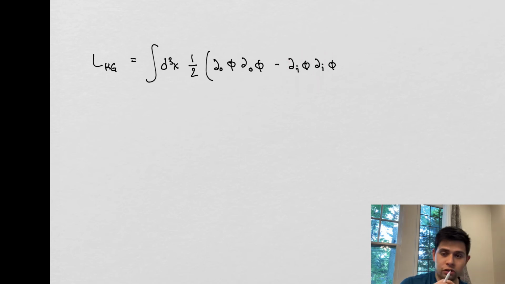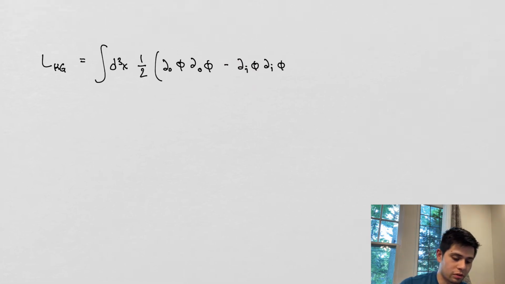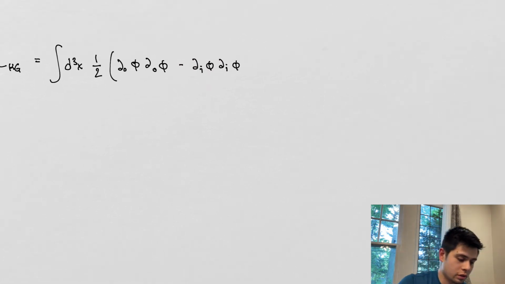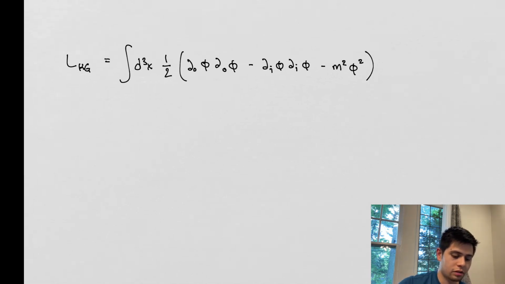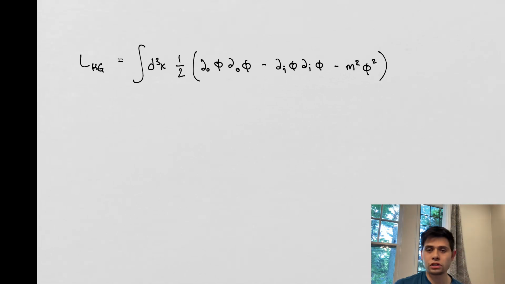And then the potential of the spring that's coupling the two, as we've seen in the last video, goes as m squared phi squared. So this is our Klein-Gordon Lagrangian that we've established before.